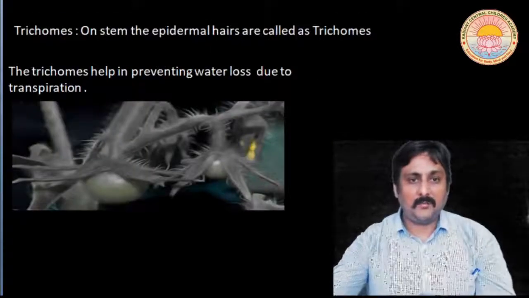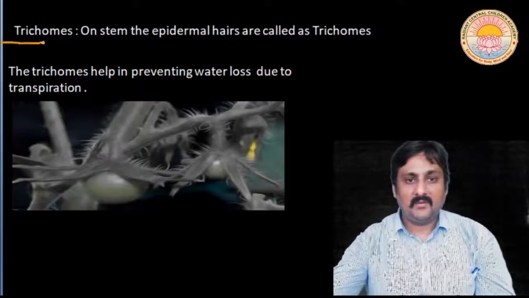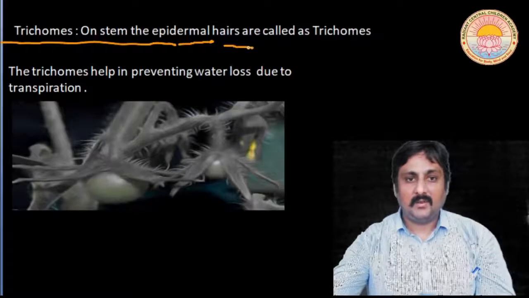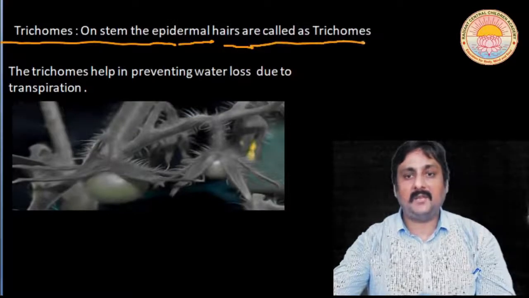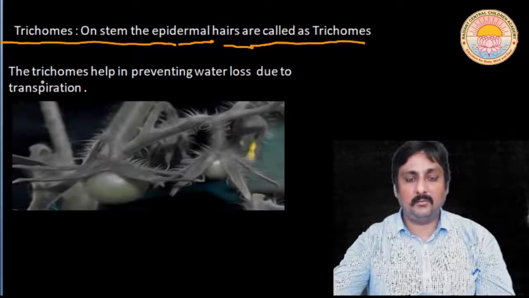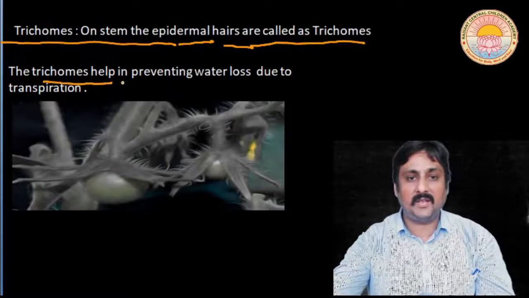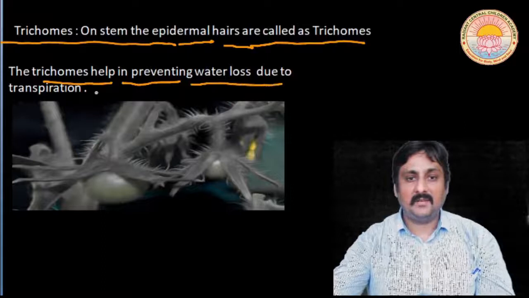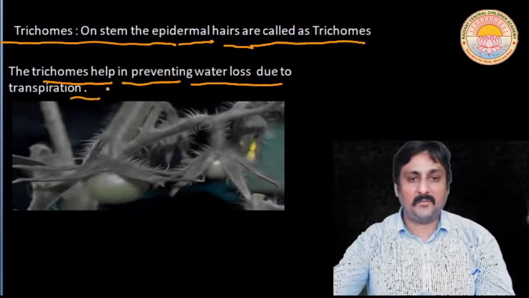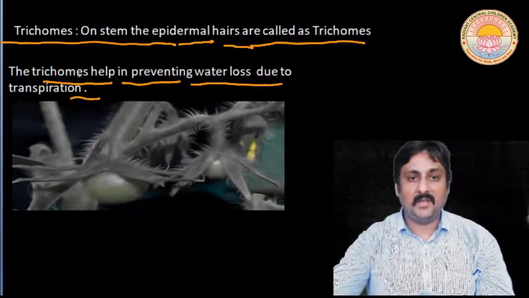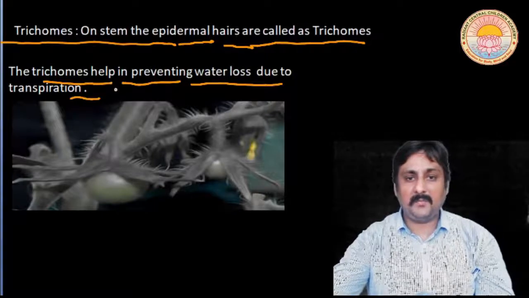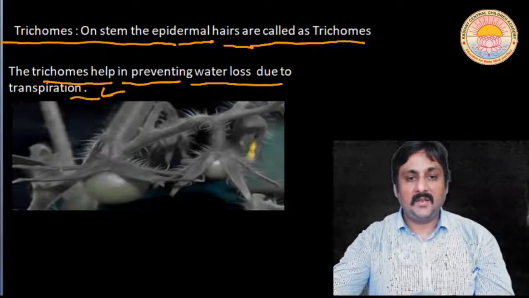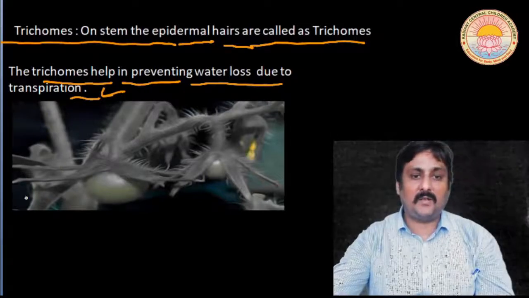Now we'll be talking about trichomes. Trichomes are present on the stem. On the stem the epidermal hairs are called trichomes. You know that on the roots there are certain hairs present. They are responsible for absorption of water and minerals. Trichomes help in preventing water loss due to transpiration. There are certain other functions of trichome.